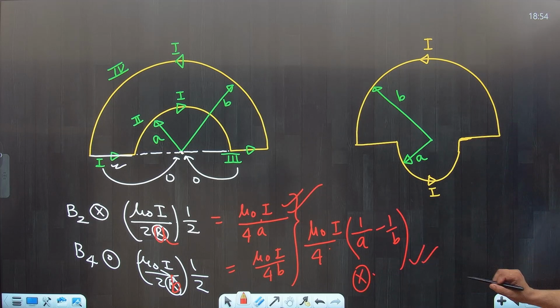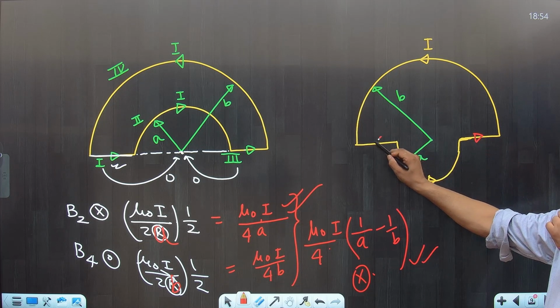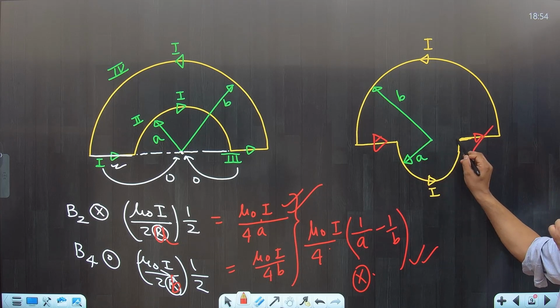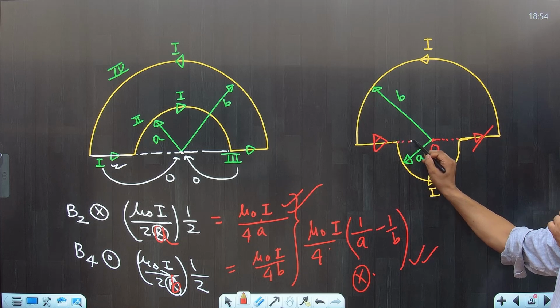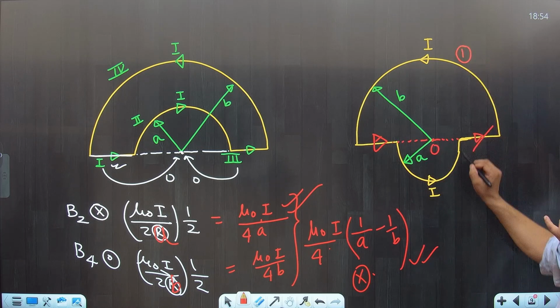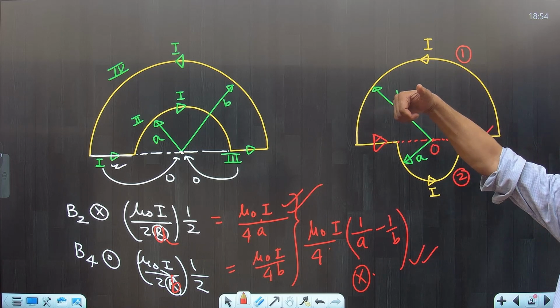This much. See here, there are 4 parts. Due to this part, magnetic field will be 0, because if you extrapolate this, it passes through point O. Due to this part, it is 0. So there are left only part 1 and part 2. Due to part 1, magnetic field is outside the paper.